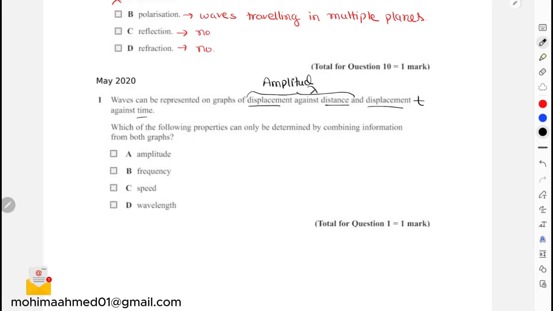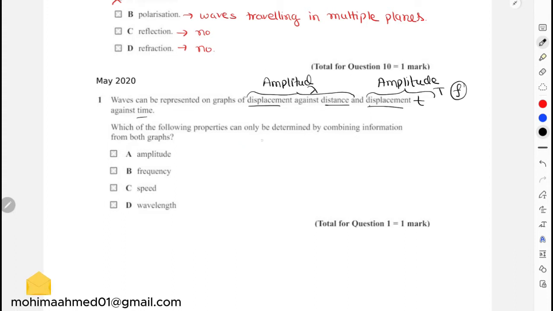But from displacement against time, you can again get amplitude, and you can also find out the time period from this. Using this time period you can also find out frequency, right?